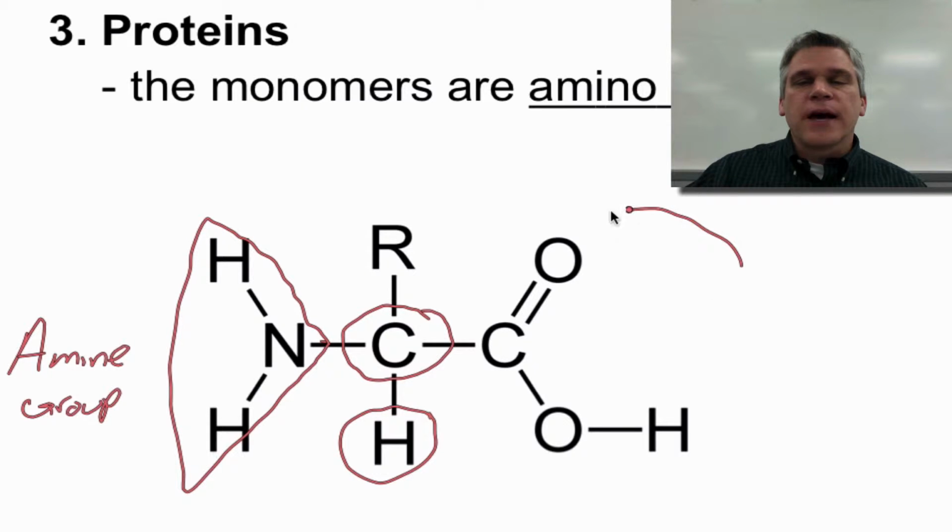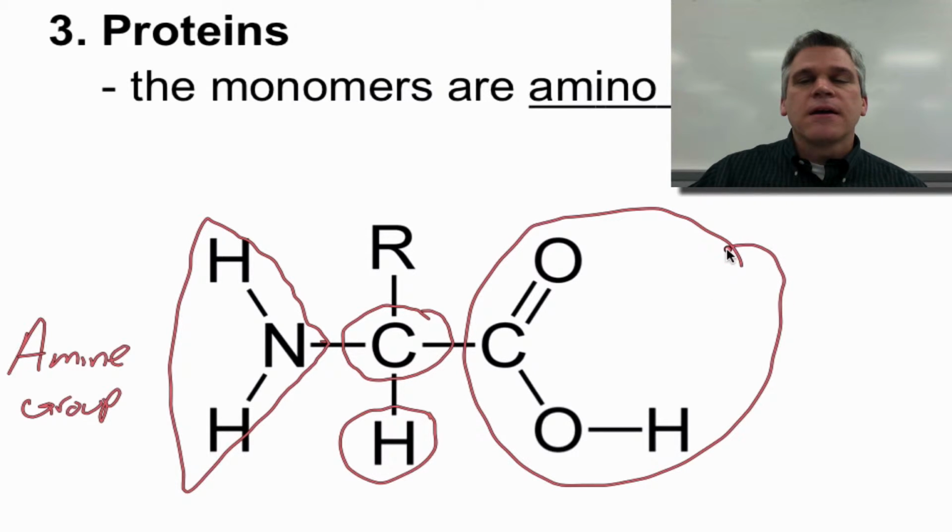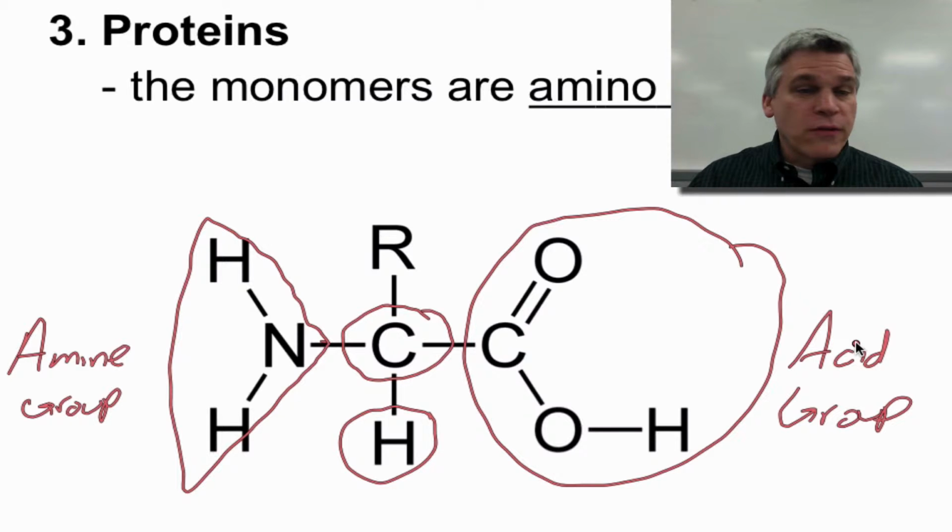Off to the other side, we see a COOH. This is what's known as an acid group. And so off this molecule, off the centralized carbon, we have an amine group and an acid group, hence the name amino acid. Now this is going to be the same in all the amino acids.